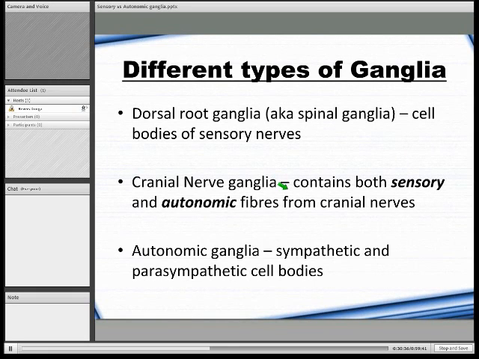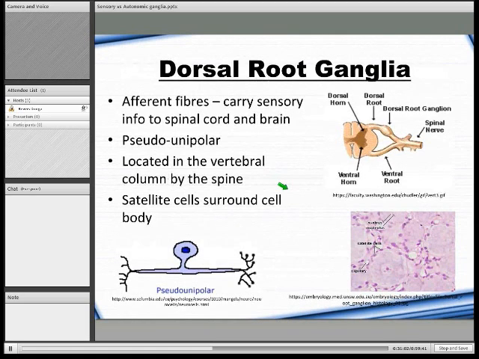Cranial nerve ganglia contain both sensory and autonomic fibers, so they can be either sensory or autonomic ganglia. It's a bit more confusing. And then autonomic ganglia are clusters of nerve cell bodies in the autonomic nervous system, and they can be further divided into the sympathetic and parasympathetic ganglion. We're just going to cover each of these in a bit more detail now throughout the rest of our presentation. So first of all, we have dorsal root ganglion.